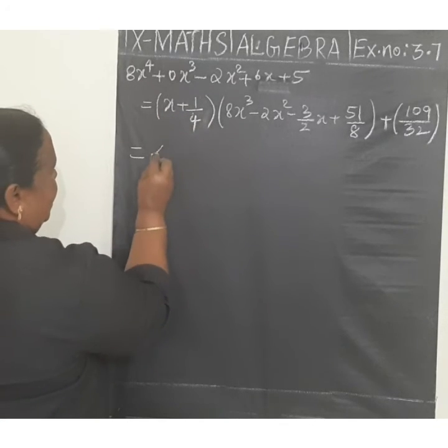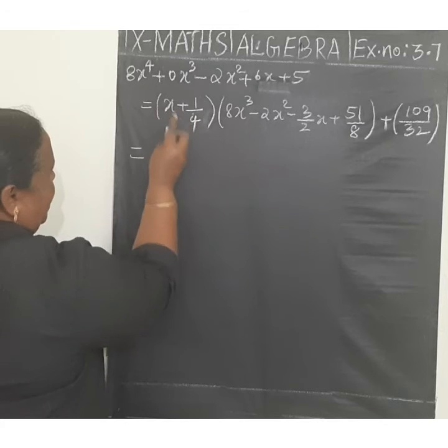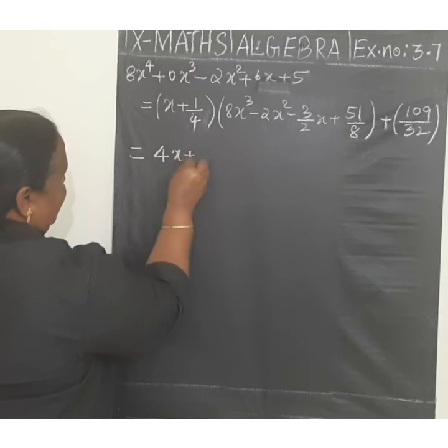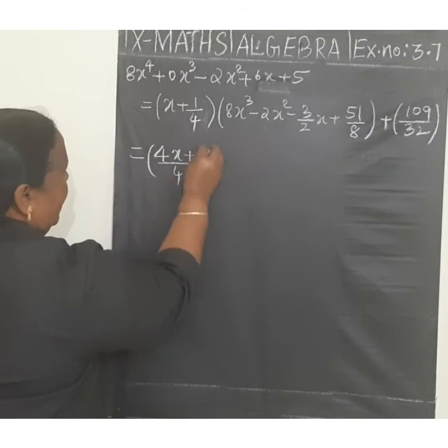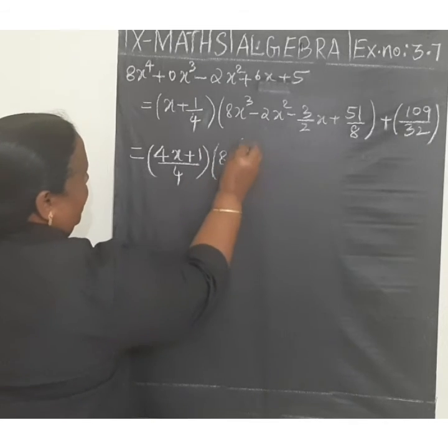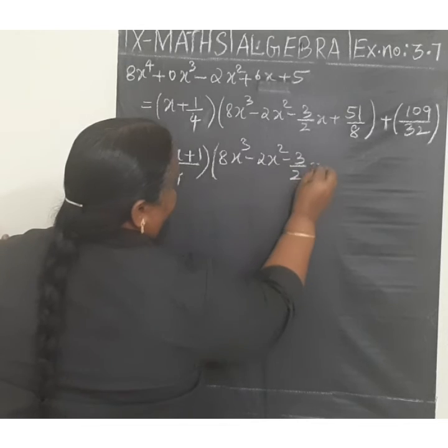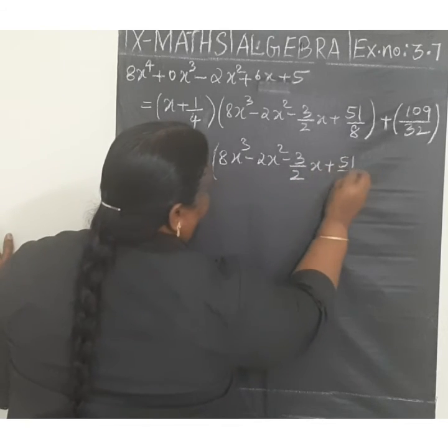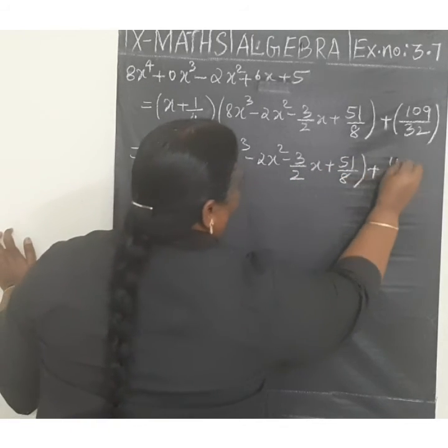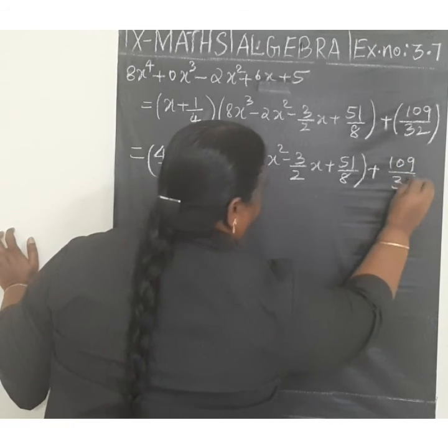The LCM is 4, so we multiply: 4x plus 1 by 4 into 8x cube minus 2x square minus 3 by 2x plus 51 by 8 plus 109 by 32.